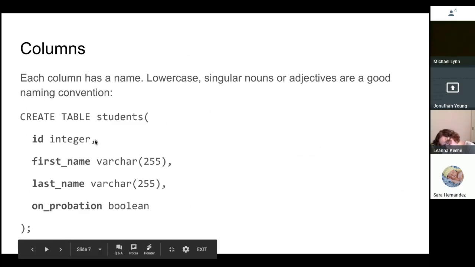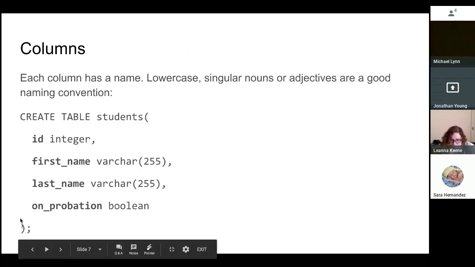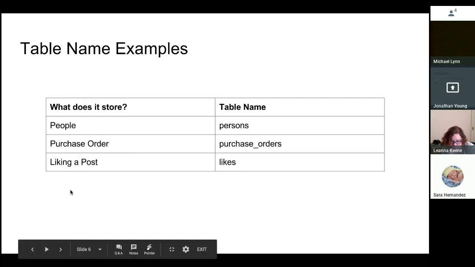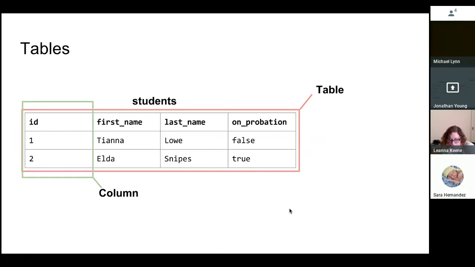So if I were to create a table called student, this is generally how it would look. I have create table and then the table name, parentheses, closing parentheses, and semicolon. And then these are all the columns. Remember, those columns are those things that go vertically. So it's kind of like ID, first name, last name, on probation. It's the header column of your CSV file.